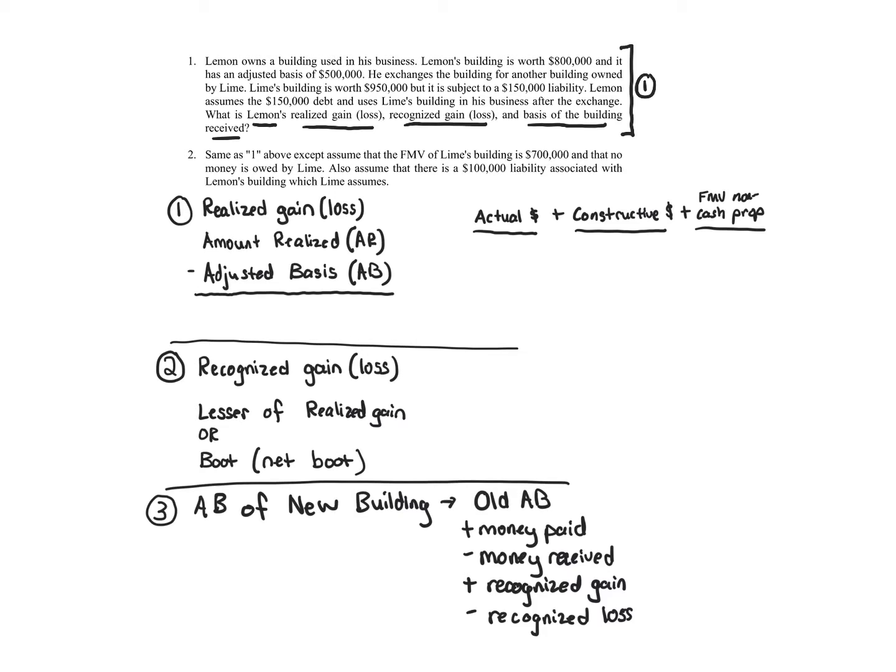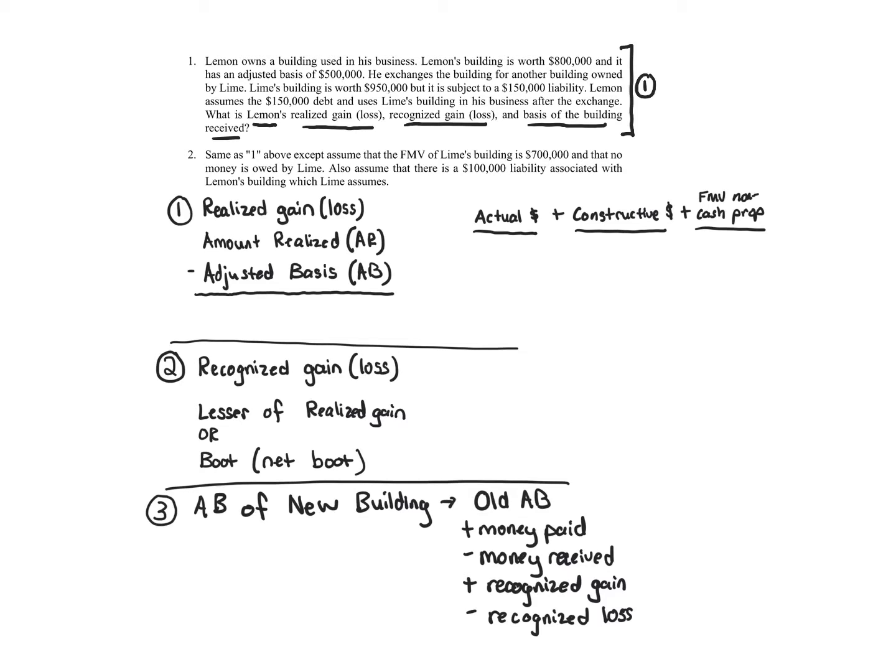Okay, so let's start with step 1, the realized gain or loss. Remember, any property transaction, doesn't matter whether it's a building or you're selling something for cash or it's intellectual property. Property is property, very broad. Any property transaction, sale or exchange or other disposition, we go through the realized gain or loss calculation.